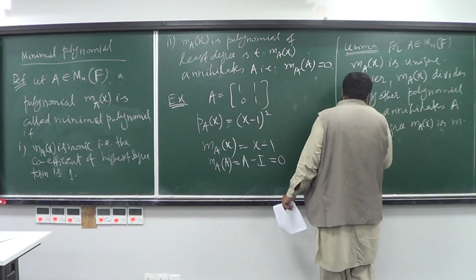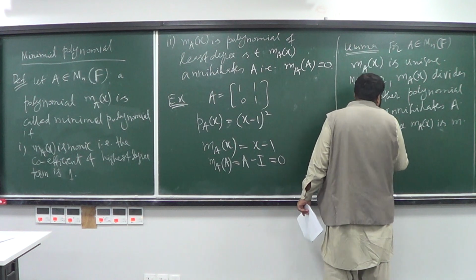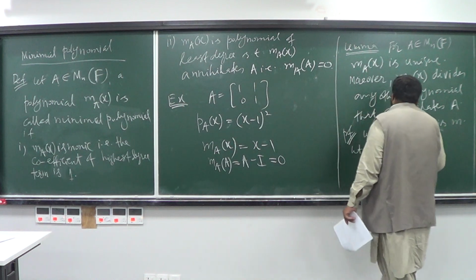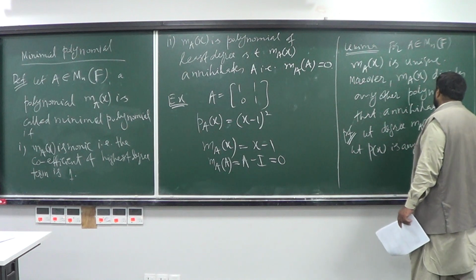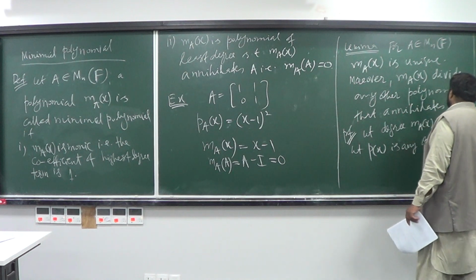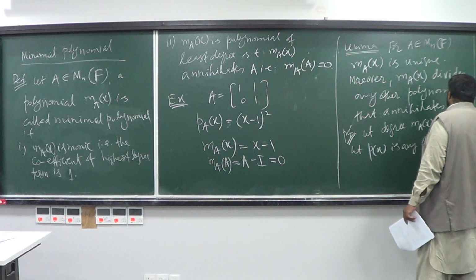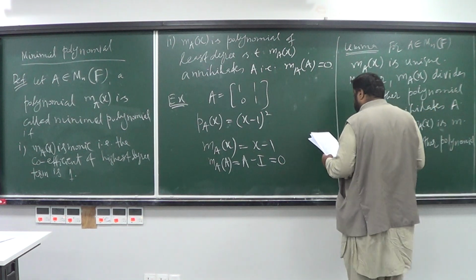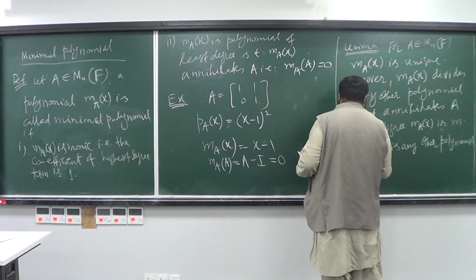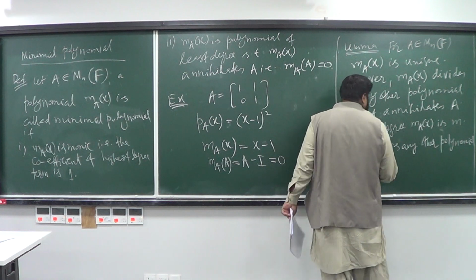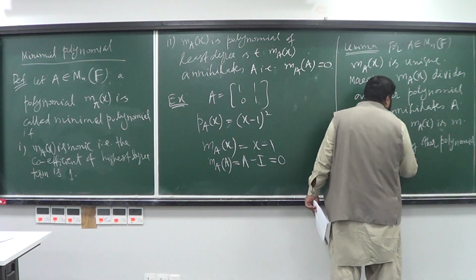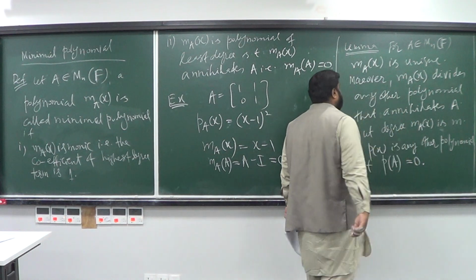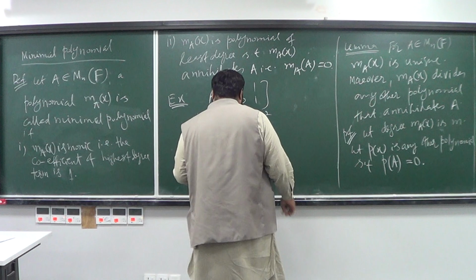Let P of x be any other polynomial of some degree, such that if you substitute A in this polynomial, you get 0. In other words, it's an annihilating polynomial for the matrix A.